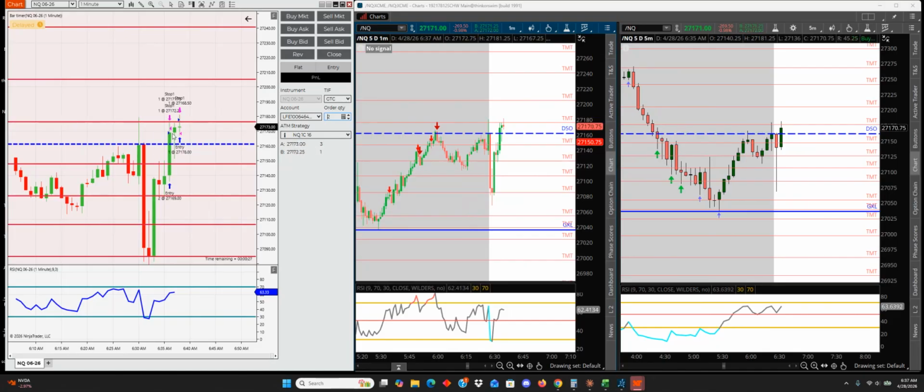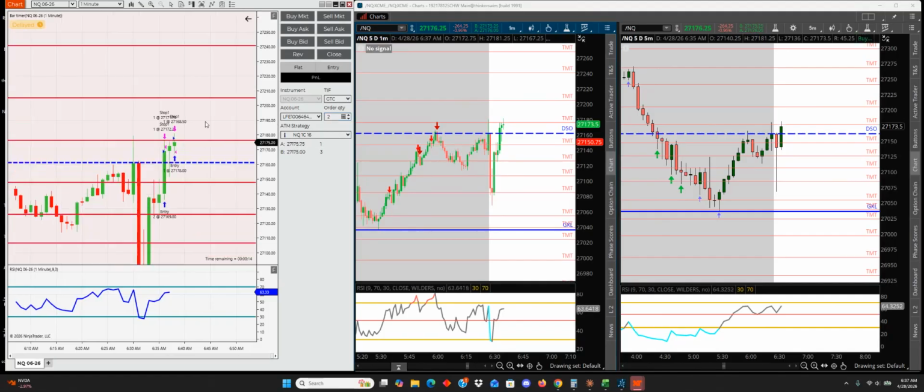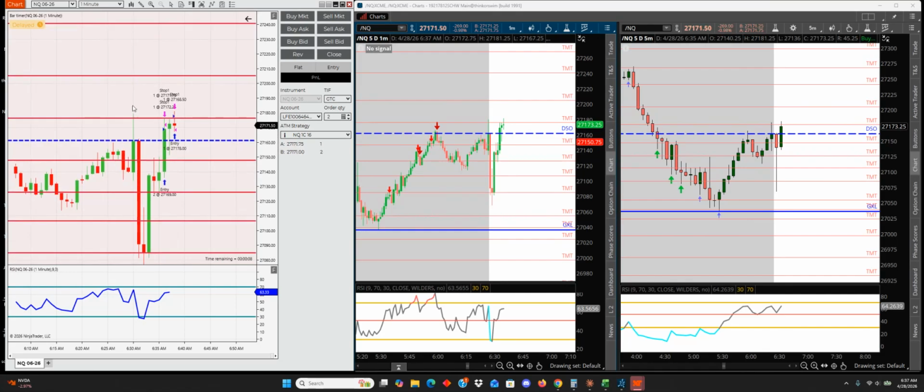So we got one small winning trade, and the other one was a loss. Right now we're down about $70 on this account, and this is good because not every trade is going to be a winner. By the way, like I said, I'm going to be aggressive today, and when I am trading in aggressive mode, that means I'm going to be stopped out many times, and I am fine with that.